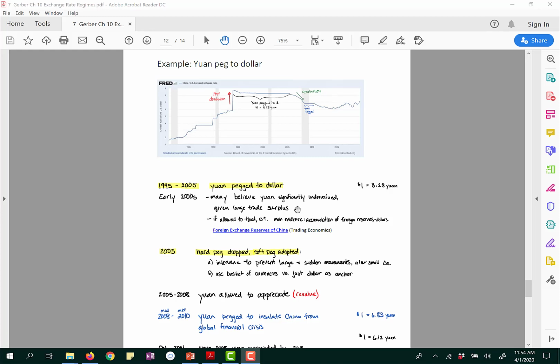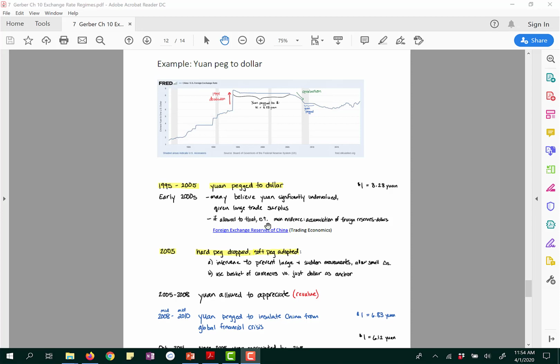A trade surplus should appreciate your currency because if lots of people are buying your goods and services, they need your currency in order to do that. So there's a higher demand for a currency if a country has a trade surplus, lots of exports.